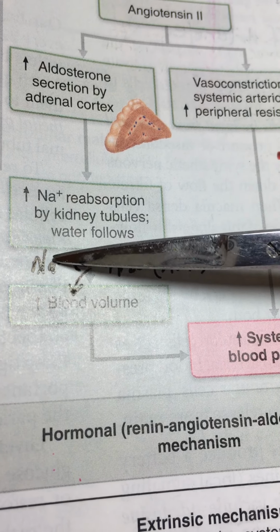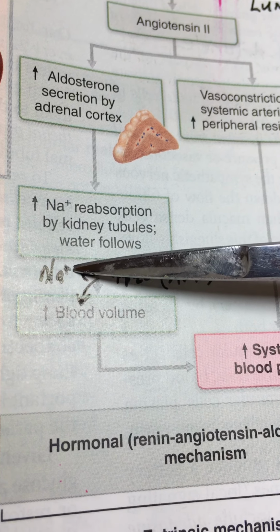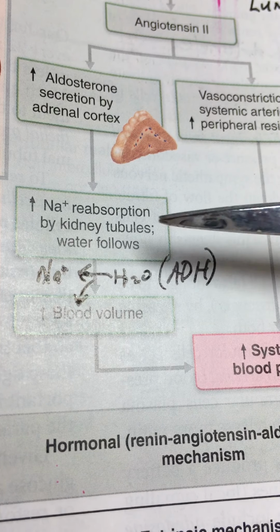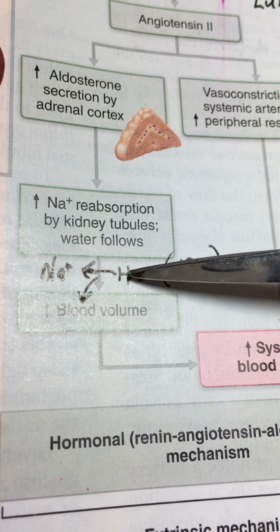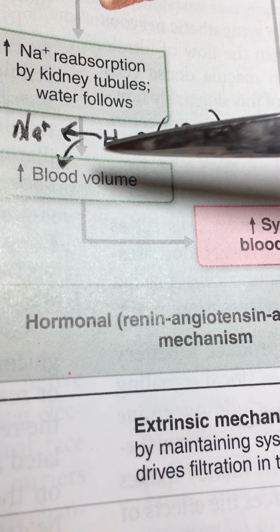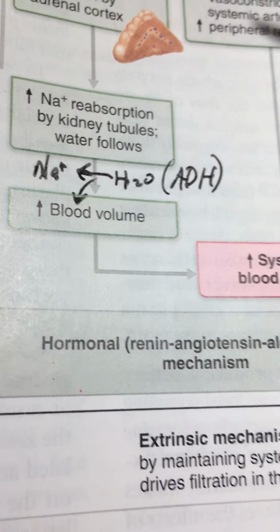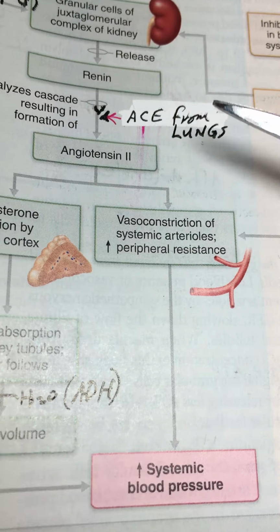Now we have sodium in the extracellular fluid, and that makes it high tonicity, and we get ADH to cause water then to flow into the blood. They left that out of the diagram, and we have an increase in blood volume. Okay, that's an important detail.